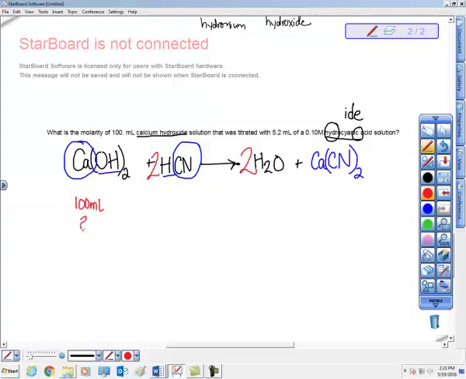They want to know what the molarity is. The hydrocyanic acid, we know that it took 5.2 milliliters of a 0.10 molar solution to do the titration. So which one do you want to call your standard? Would that be the hydrocyanic acid or the calcium hydroxide?